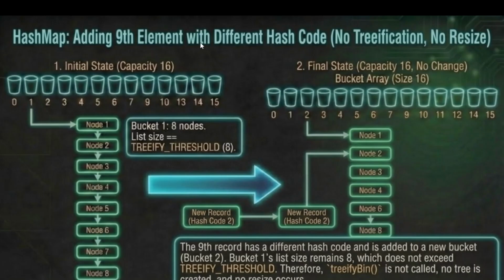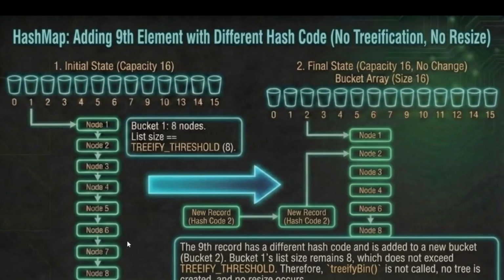What will happen? Instead of adding a ninth element here, I will give a new hash code. Instead of adding into index 1, it will add at index 2. Why? Because I have given a new hash code. It will add it into bucket 2.